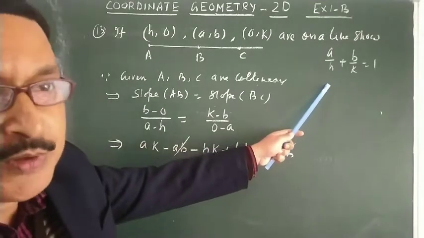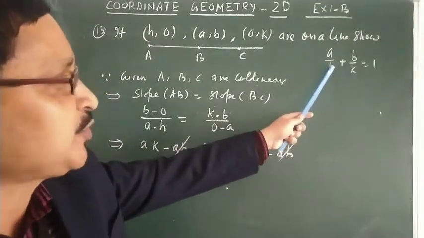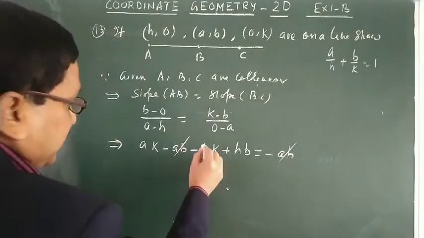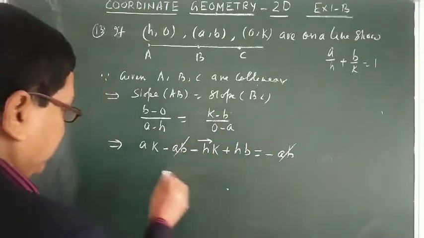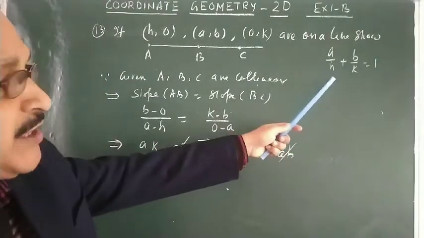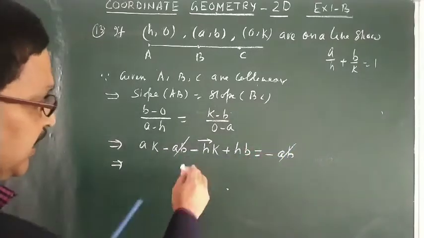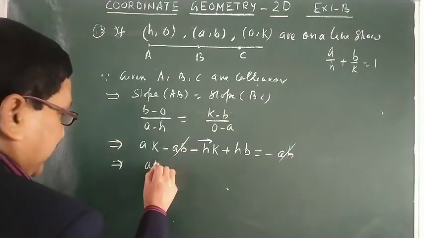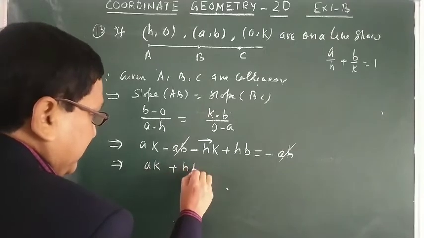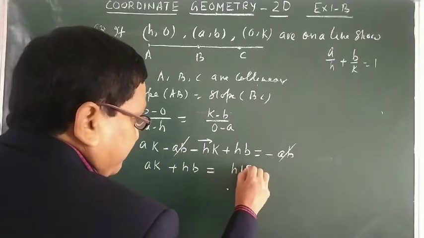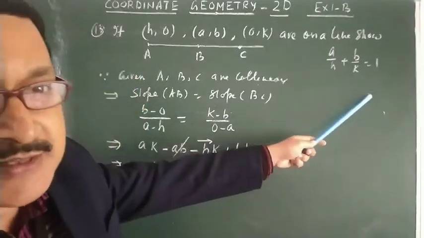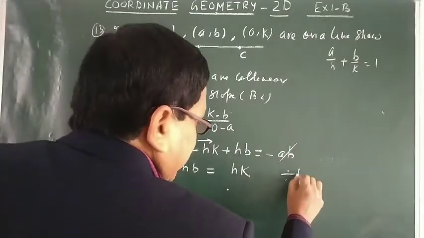Now in the proof we need 1 and the positive signs are here. In the proof there are no negative terms, so this negative is brought to the right side. AK plus HB is equal to HK. Now we need 1 on the right side, so divide by HK.